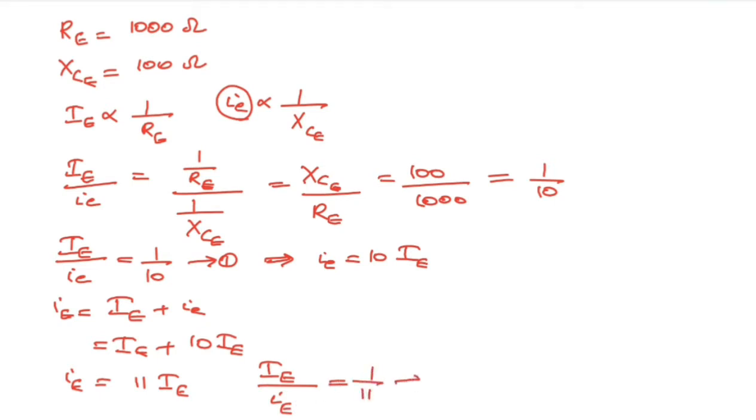What this means is that 1 by 11th of total current flows through RE.